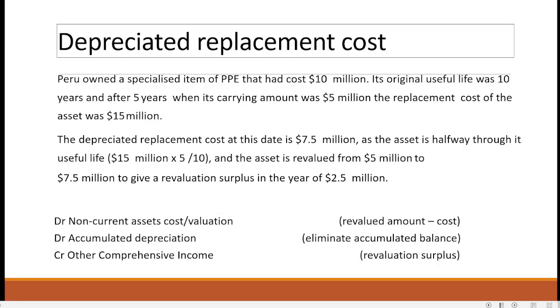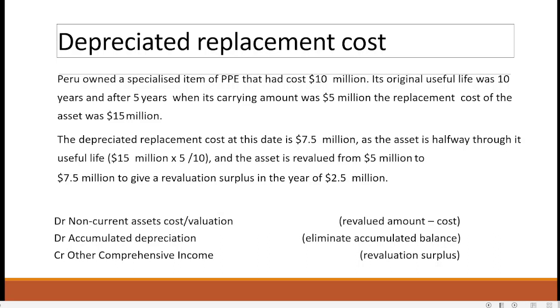So when we are revaluing the item, it is going to be looked at as a new asset, right? Because replacement can only be done new, but our asset is already halfway through its useful life.